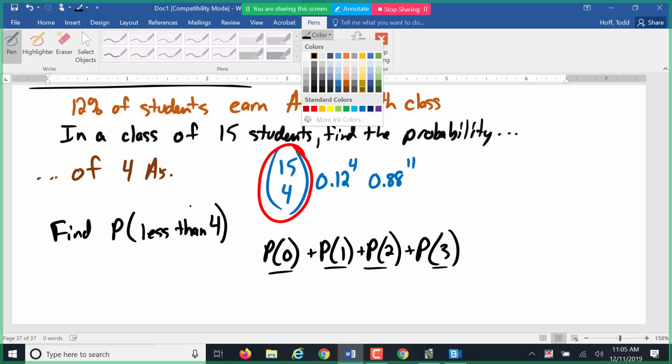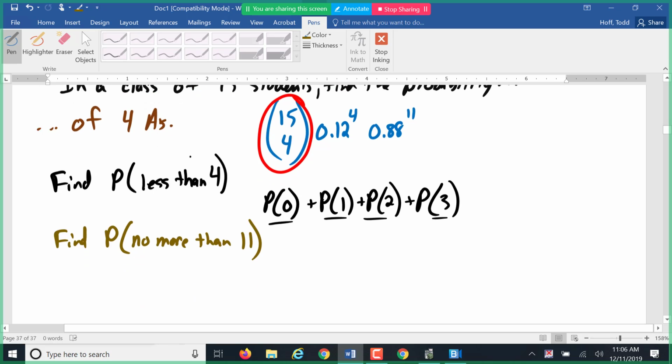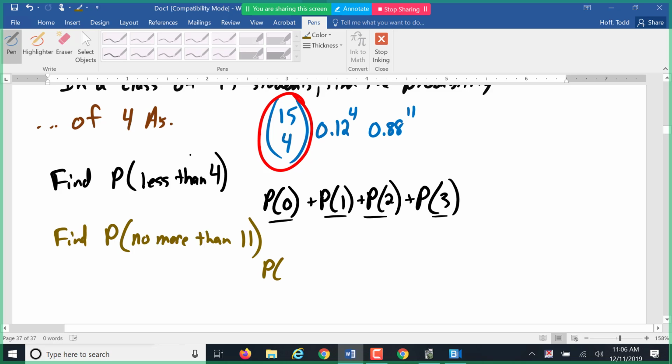But what if I asked you for the probability of no more than 11 have A's? Well, what we'd be looking at there is the probability of 0 plus the probability of 1 plus the probability of 2 all the way up to the probability of 11.